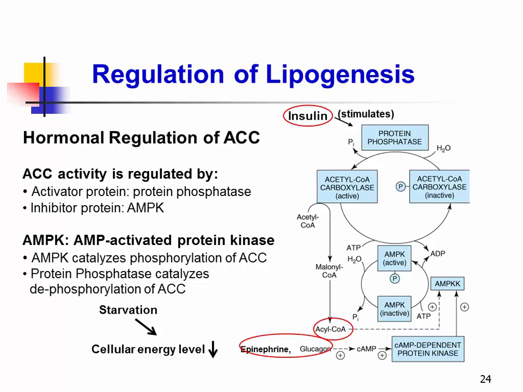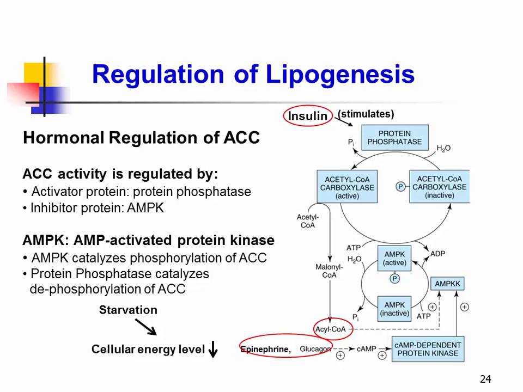So insulin basically stimulates the phosphatase, and remember, a phosphatase usually catalyzes the removal of a phosphate group from the protein. So basically it catalyzes dephosphorylation.